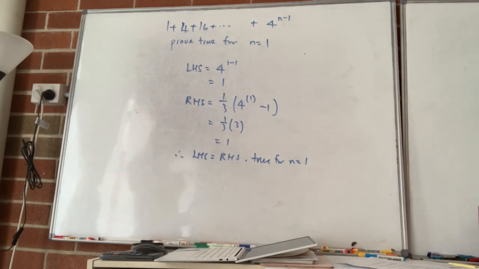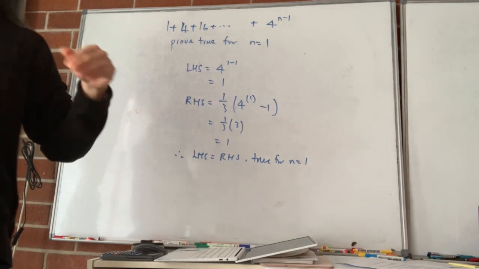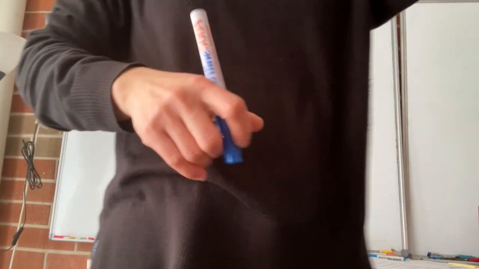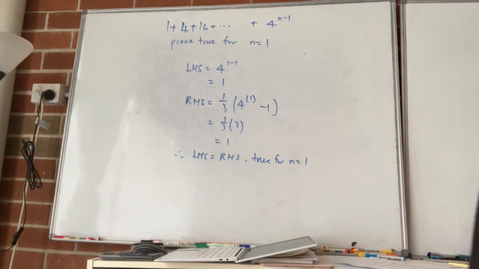Then the next step is that we are going to assume it is true when n equal to k. So the idea is like, if I prove the first term, and somewhere in the middle I say, okay, if this is true, then I prove the term after that. If I'm able to prove this term after that is true, that means I'm already proving that the one after it has to be true. So it keeps repeating itself. If this is true, I prove this one is true.